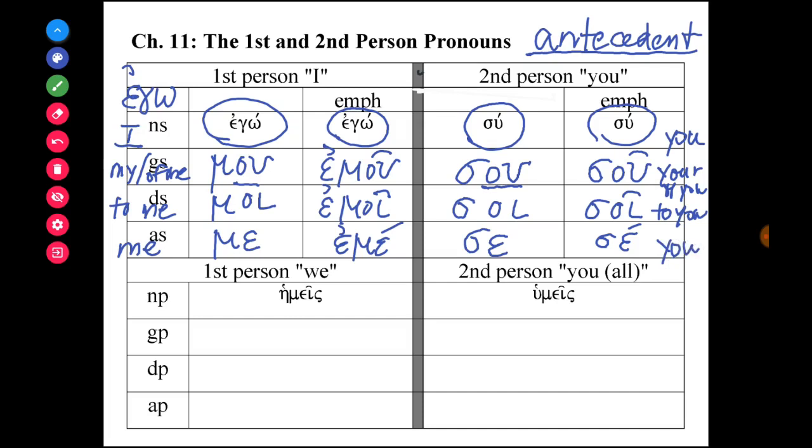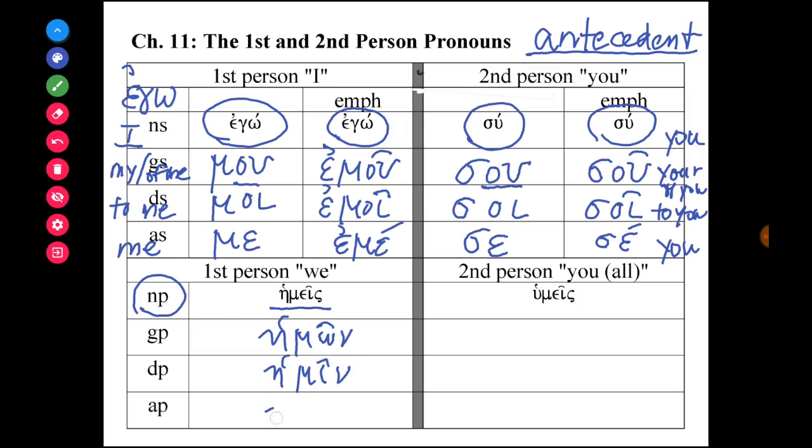But instead of I, what if I wanted to say we in plural? Well, the nominative plural form is hemeis. And notice that we only have one form for the first person plural. So it's hemeis. The genitive plural is hemon. The dative plural is hemin.